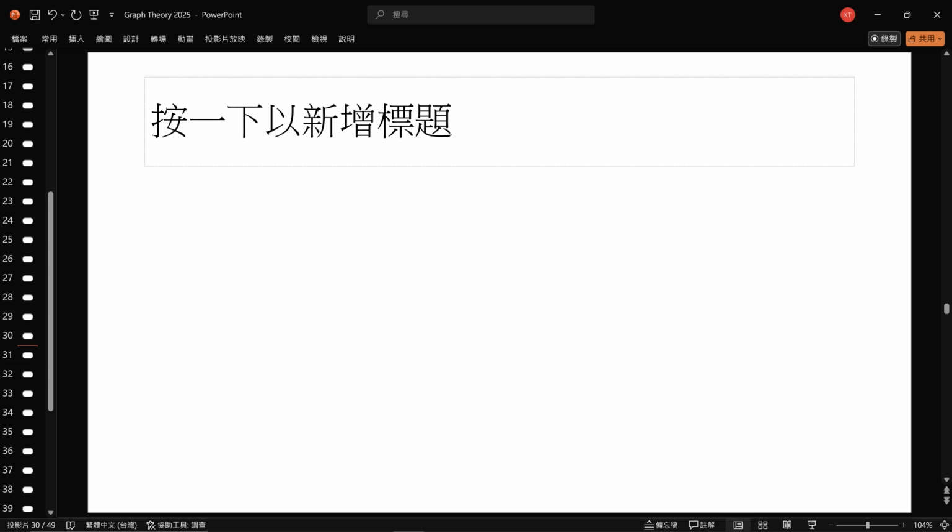And here we sum up the number of vertices in every component, so we get just n, the number of vertices in the whole graph. So the number of edges in the whole graph is equal to n minus k.